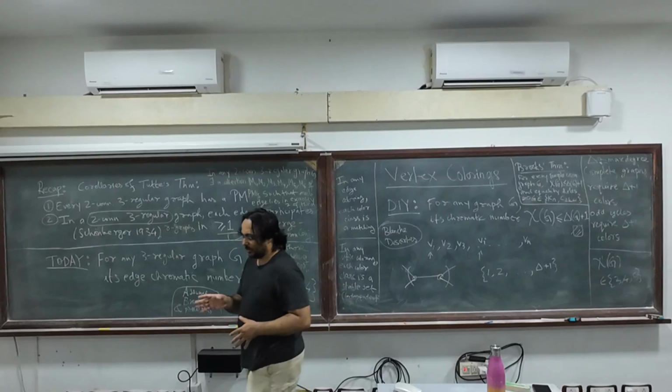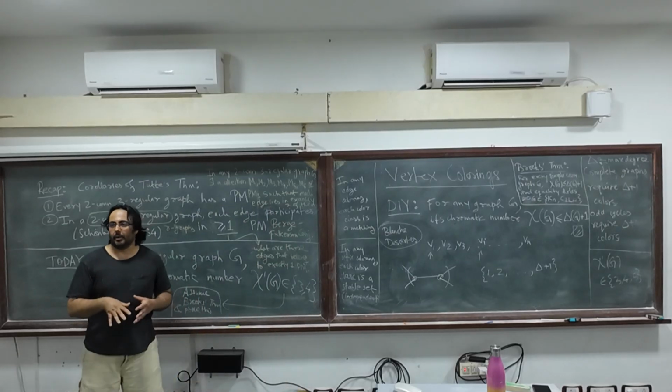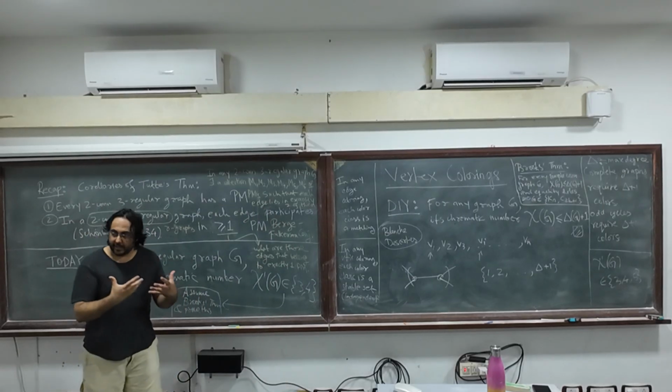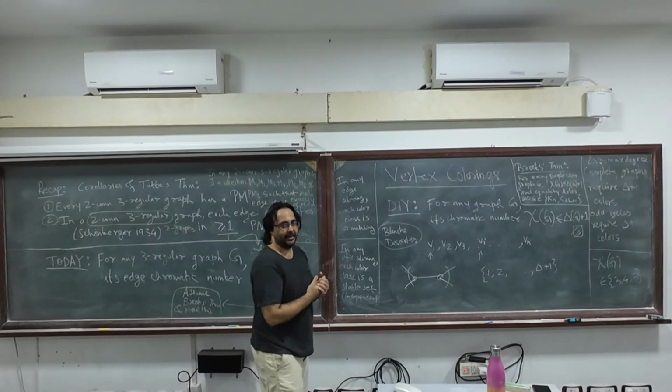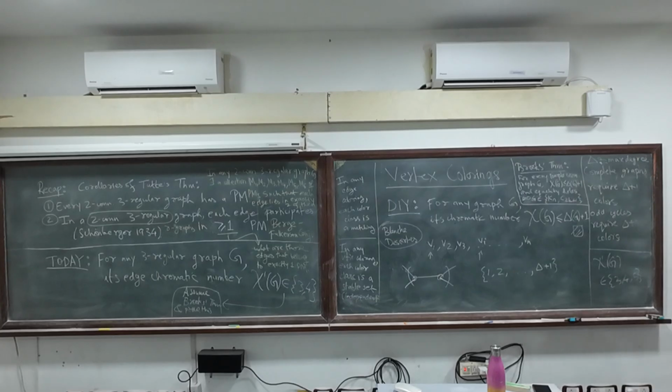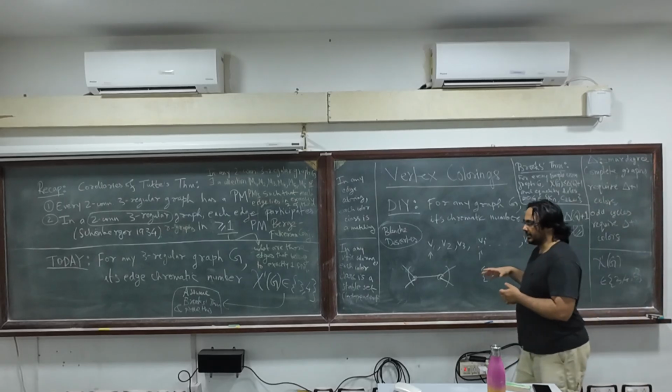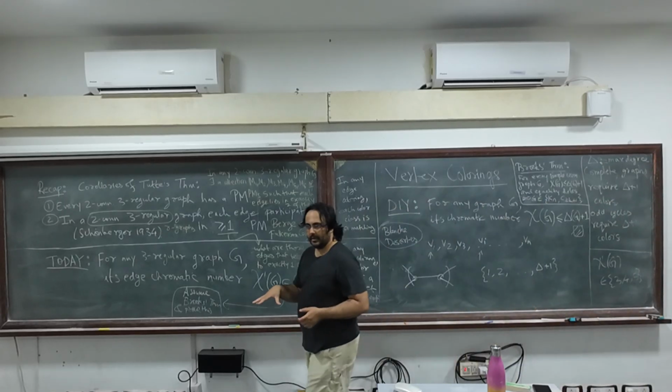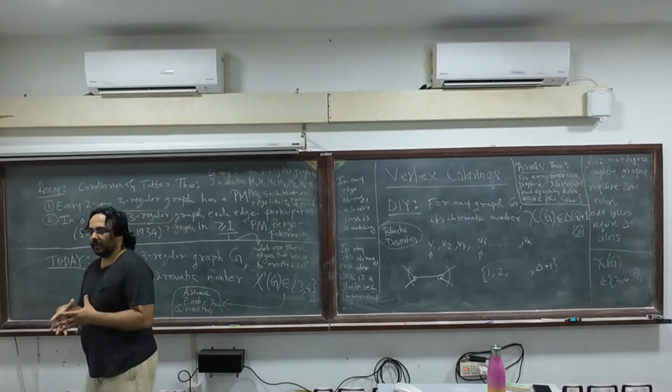So the point is that we don't know as of today how to convert a vertex coloring problem into an edge coloring problem, right? And therefore vertex colorings receive their own attention and edge colorings continue to receive their own attention, because there is no direct equivalence in some sense.